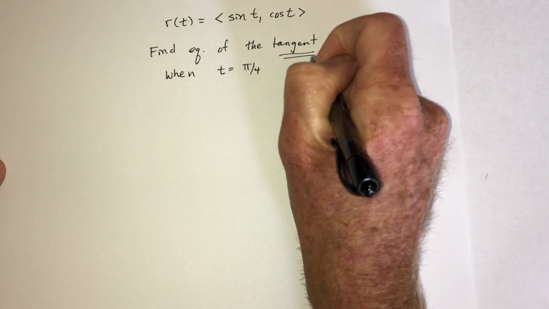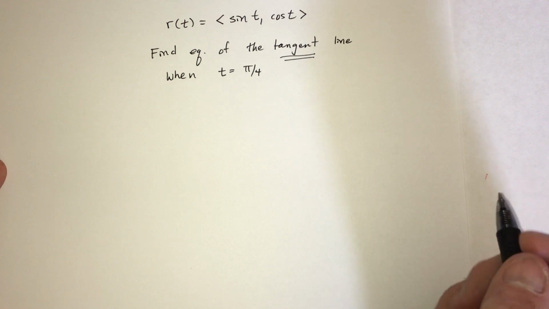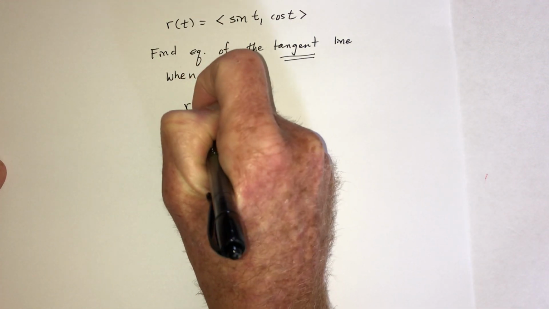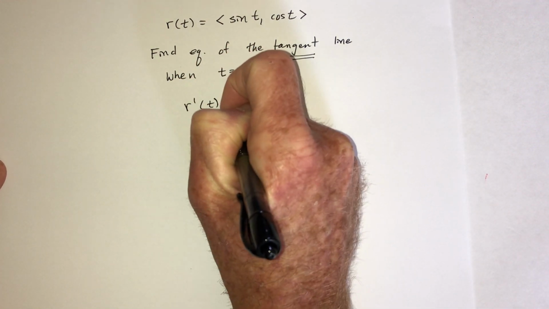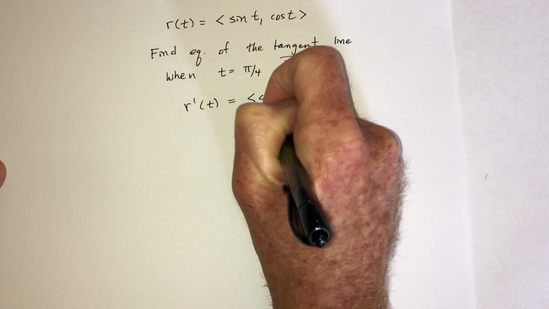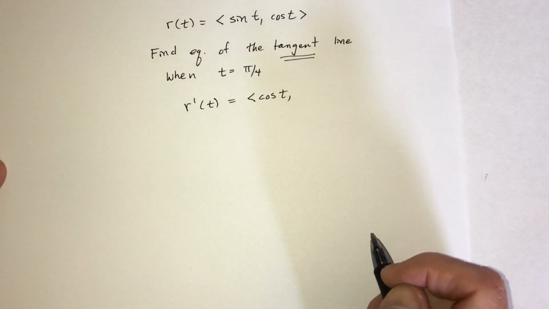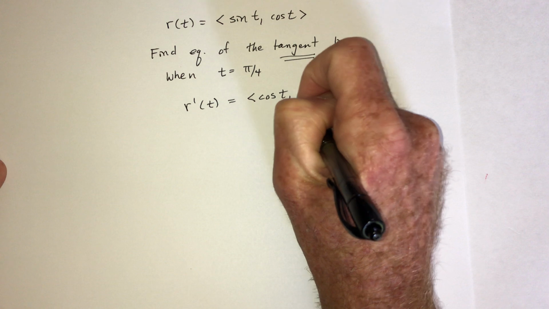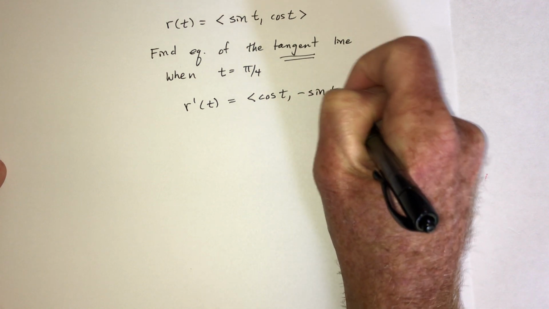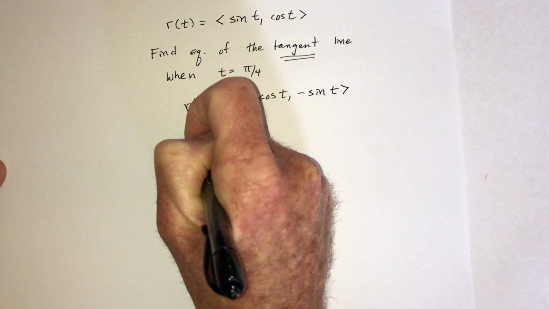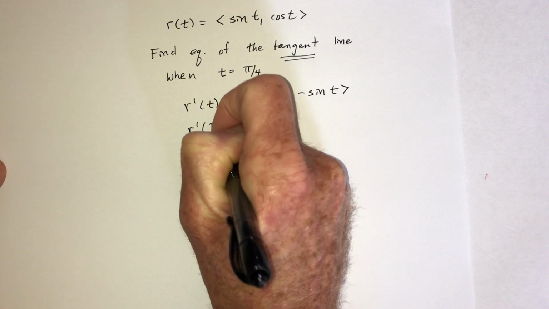So for the tangent line, that means use the first derivative. The first derivative is cosine, for the derivative of sine, and the derivative of cosine is negative sine. And then substitute pi over 4.